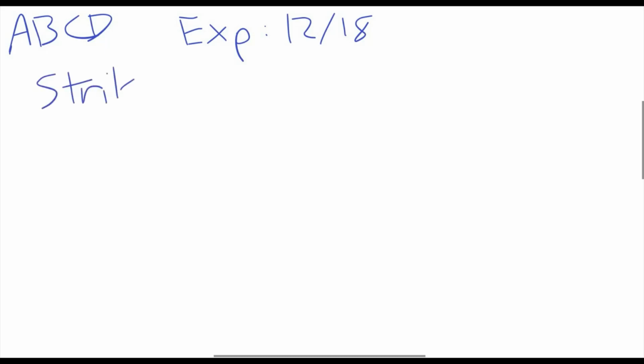ABCD. That's the company name. And we want to buy a debit spread that's, let's just say a week out, the 18th. Good decision, trying to make some money, trying to better ourselves. Expire date, we will say, is the 18th. And on the left here, I'm just going to write our strike prices.